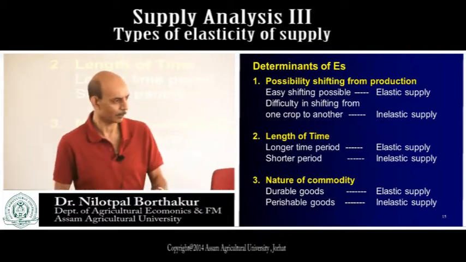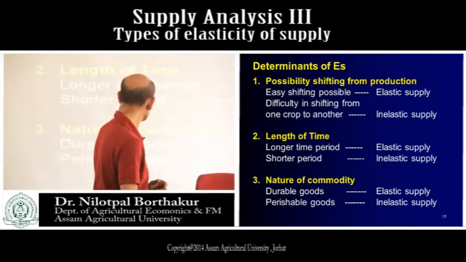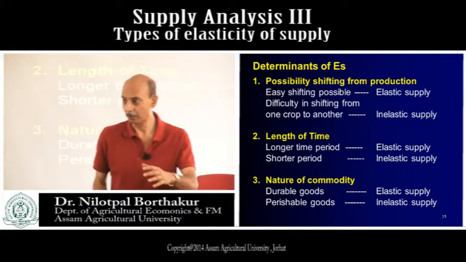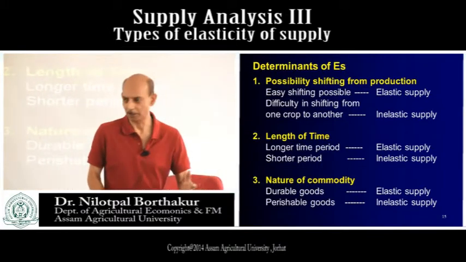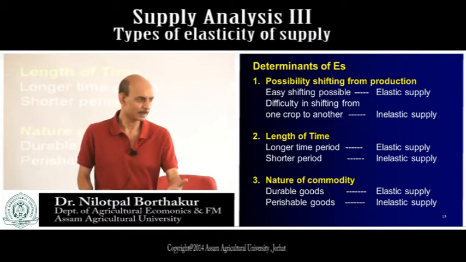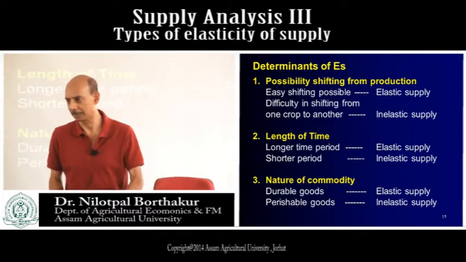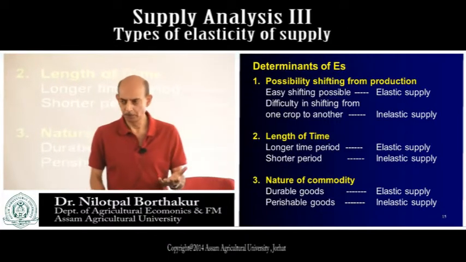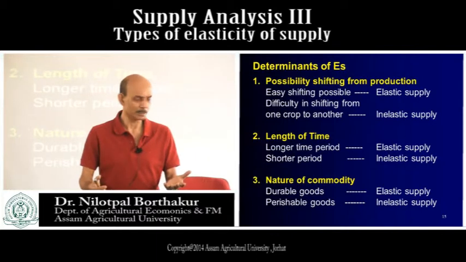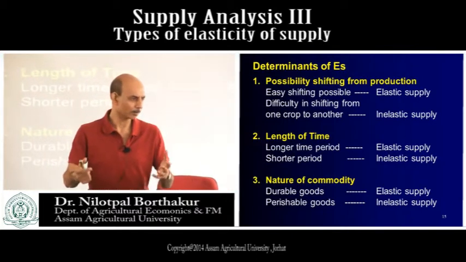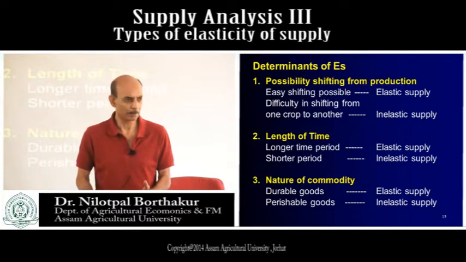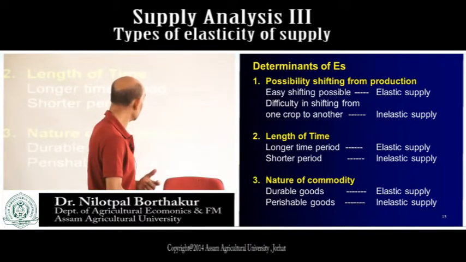So if easy shifting is possible, producers can adjust their production, and supply can be increased or decreased. But if easy shifting is not possible, producers will produce the same quantity as before, sellers will also make available the same regular quantity as before. So the supply becomes inelastic.